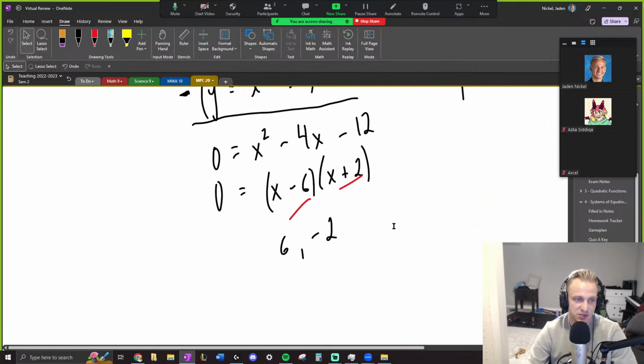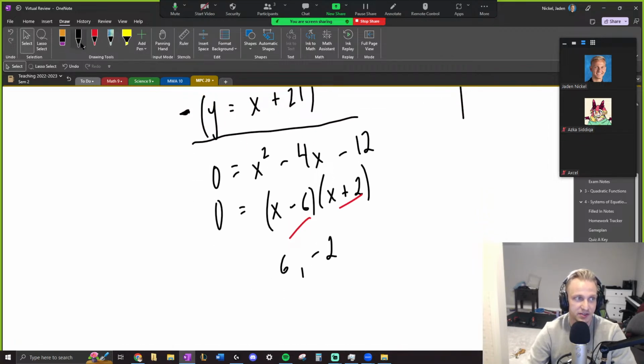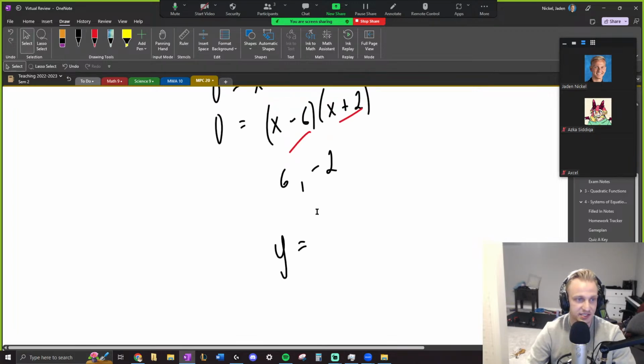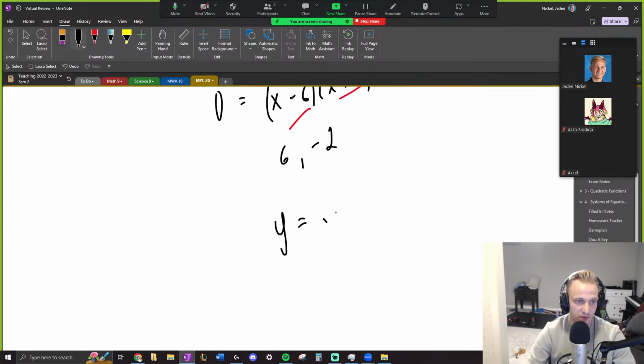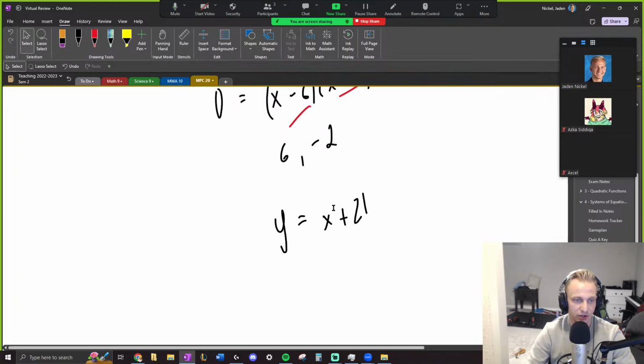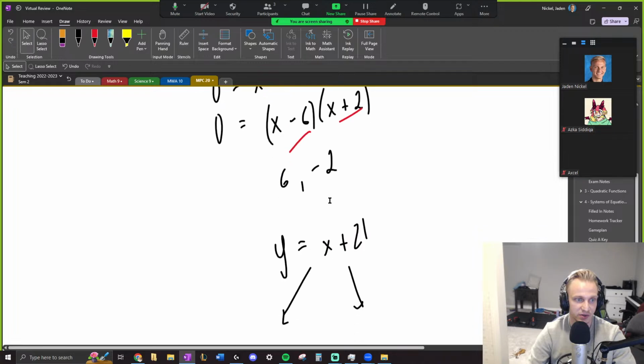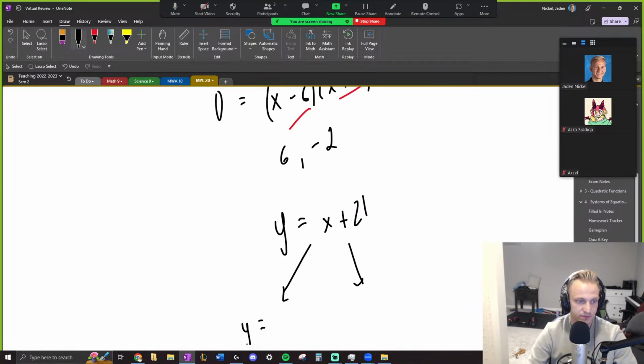And so now what we have to do is figure out, okay, what are the y values at those two points? I would just use the easier equation, which was y is equal to x plus 21. And all you're going to do is plug in the two x values that we figured out: 6 plus 21, and y is equal to -2 plus 21.